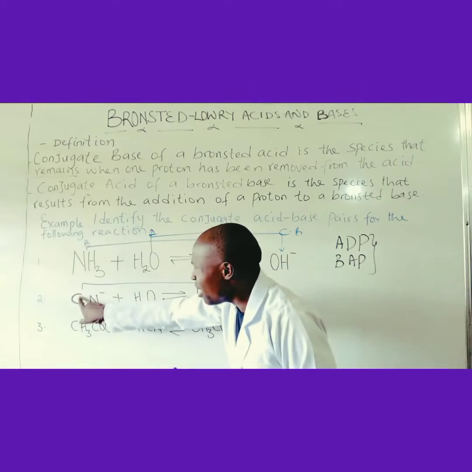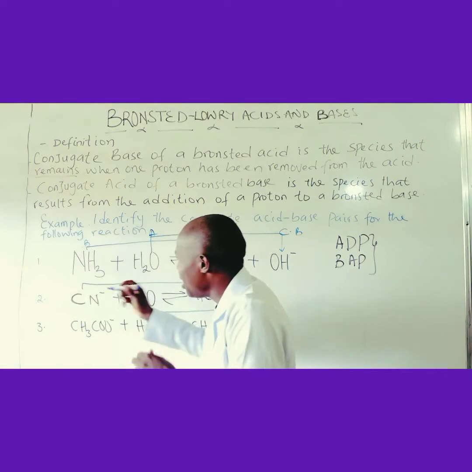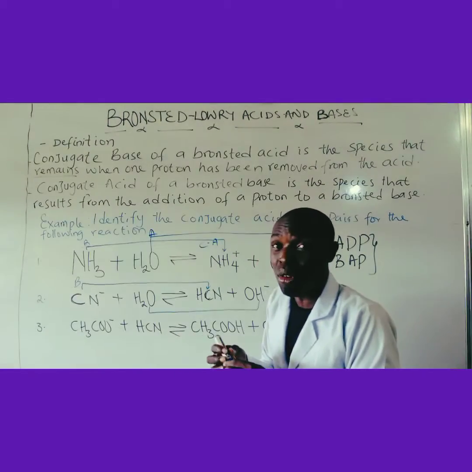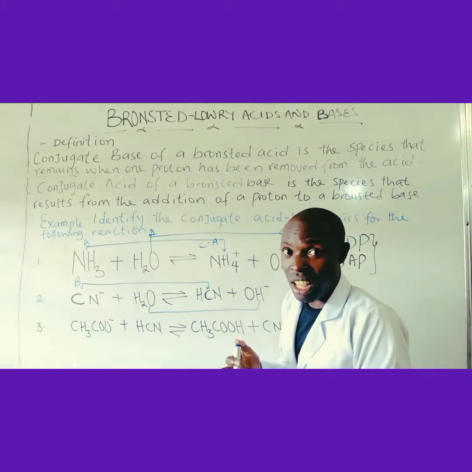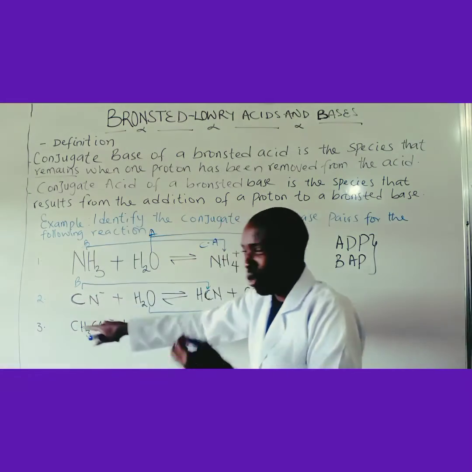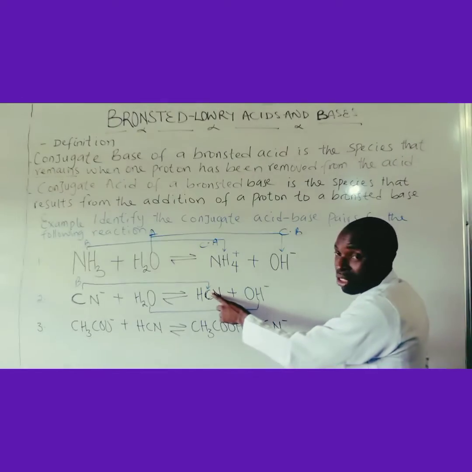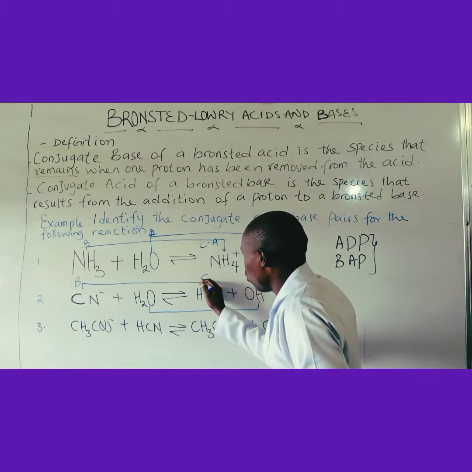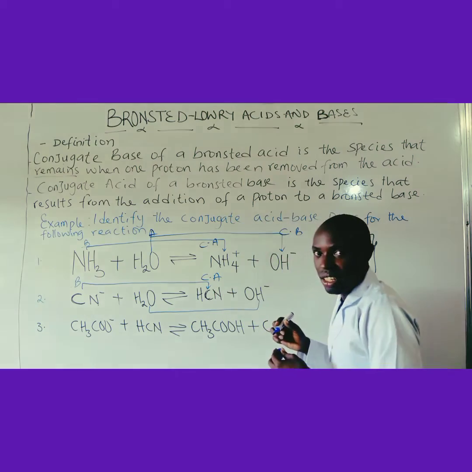So this one here is my Bronsted base. Why? The Bronsted base accepts a proton, and this is the proton it has just accepted. When it does that, this becomes my conjugate acid.